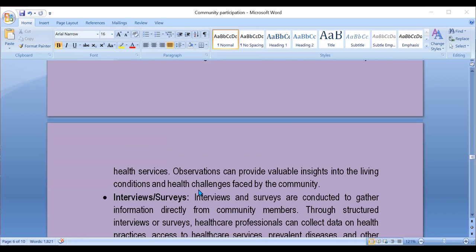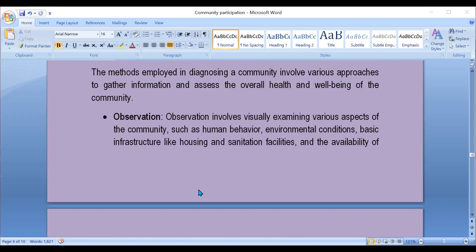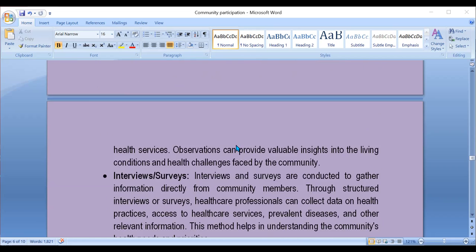So you're going to walk around the village to look at the environment and see how they are carrying out environmental sanitation. You're also going to examine children on the farm. You're going to look at the housing, the sanitation, and other human behavior, especially healthcare-seeking behaviors and lifestyles.